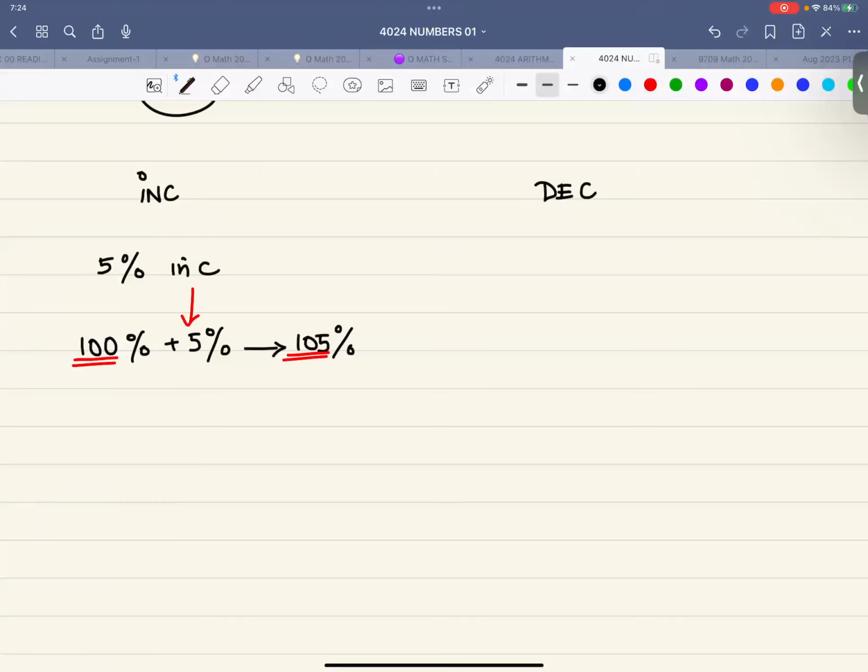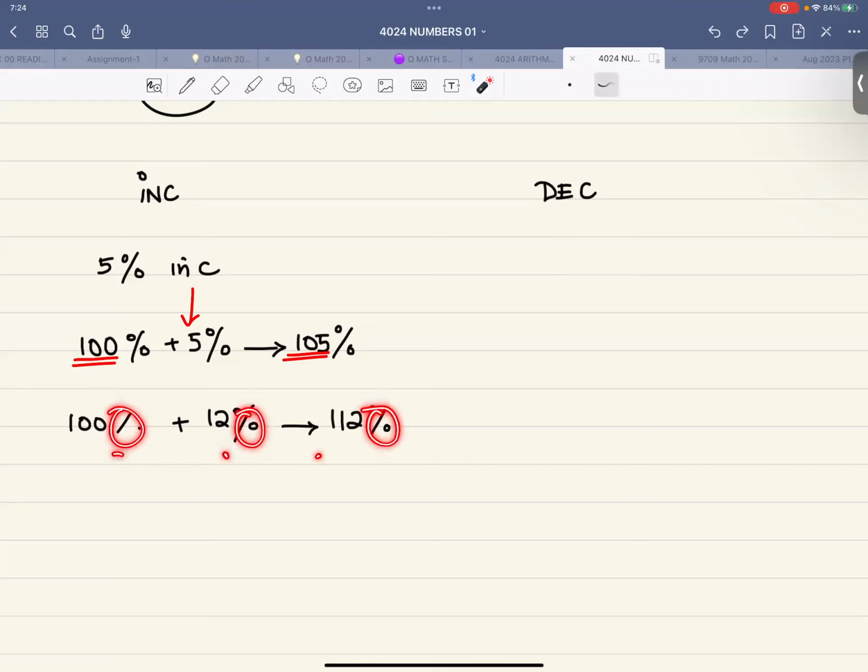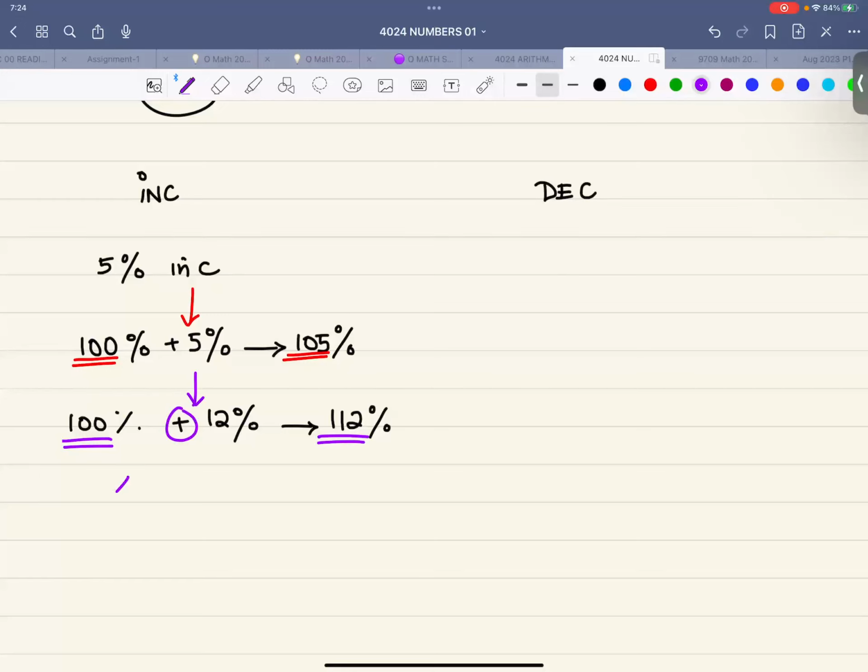Let me give you another example. 100% plus 12% becomes 112%. Since the unit is the same, that is percentage, I'm simply adding this. What is happening over here? A value of 100 is becoming 112 because of this increase of 12%. So it's simply addition. Let me write: simply add the percentage value to 100.